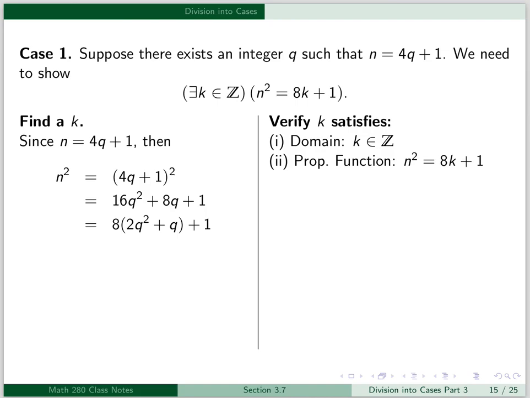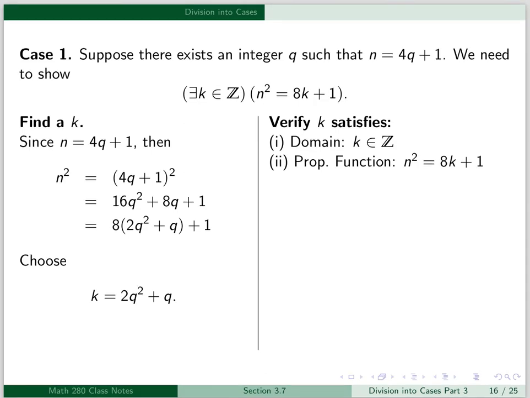Since n is equal to 4q plus 1 in this case, then n squared is 4q plus 1 squared, which is 16q squared plus 8q plus 1. Factoring an 8 out of the first 2 terms, we obtain 8 times the quantity 2q squared plus q, plus 1. And now this looks like our propositional function with 2q squared plus q taking the place of k, so we'll choose k to be 2q squared plus q.